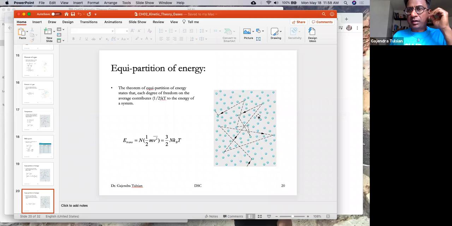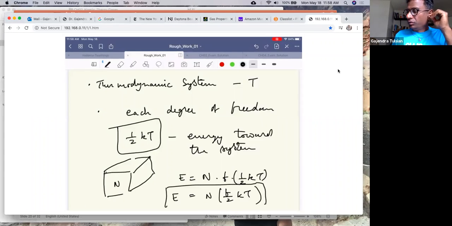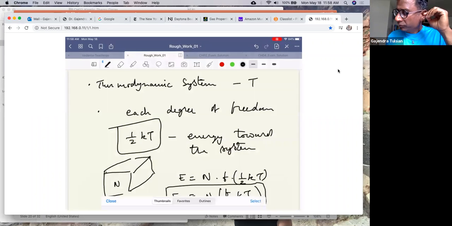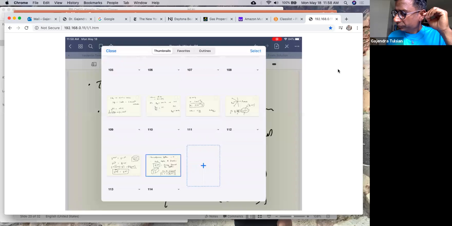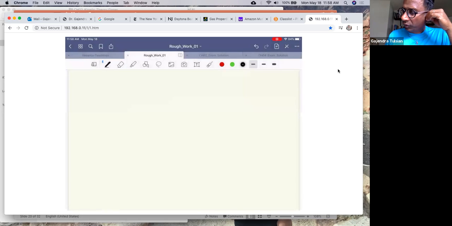So for monoatomic gases, all they can do is have translational degrees of freedom along the x, y, z axes.